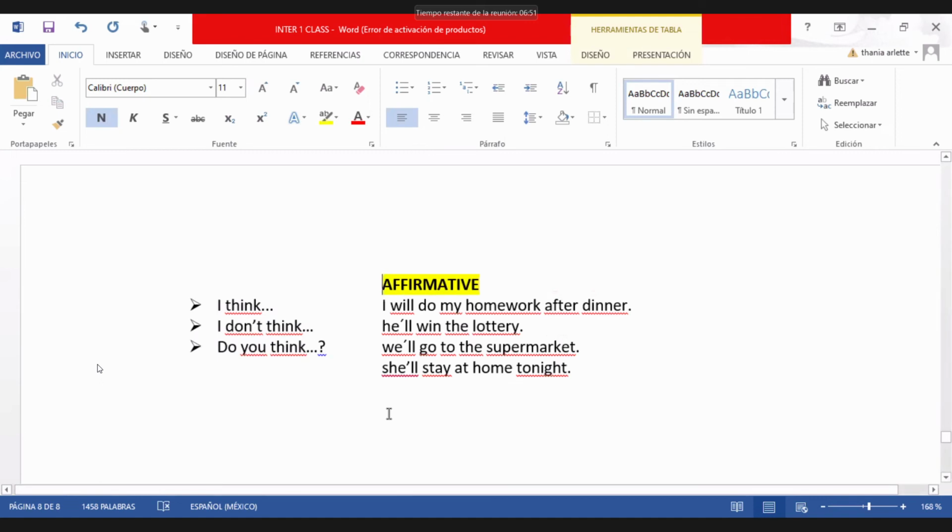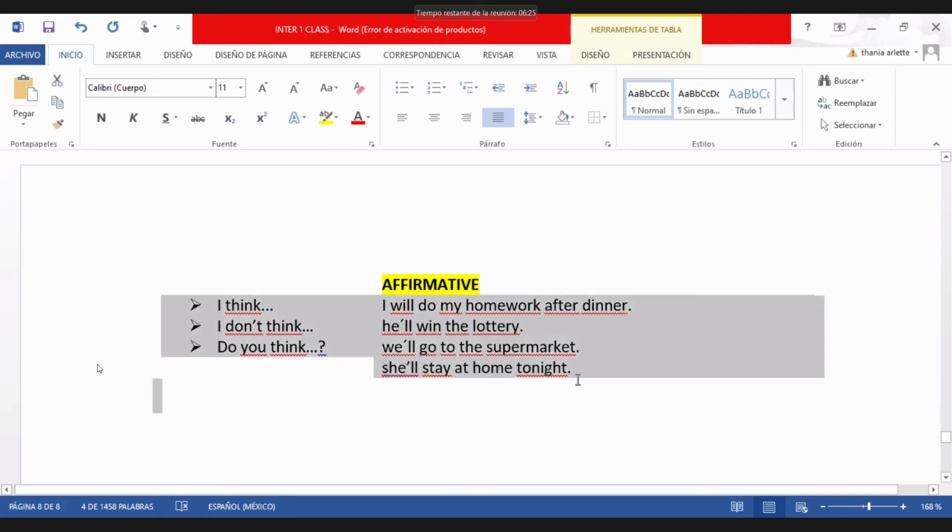Yeah. Let's see this one in the question form. In the question form, do you think we'll go to the supermarket? Maybe. Okay, this one in the negative. I don't think he'll win the lottery.